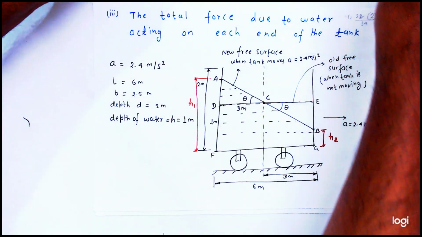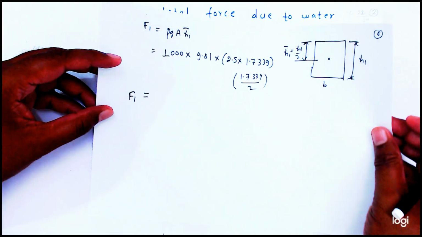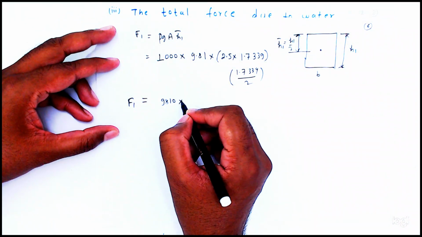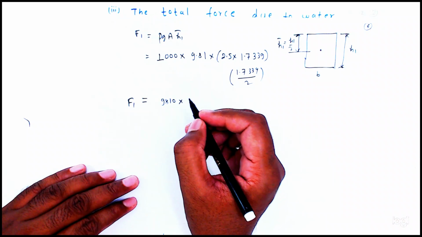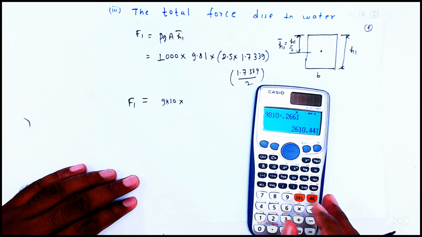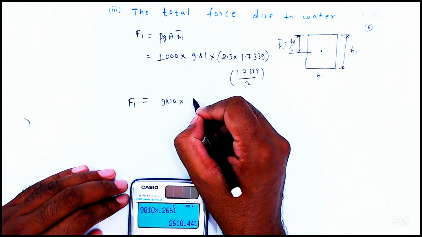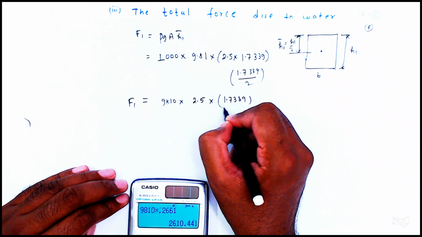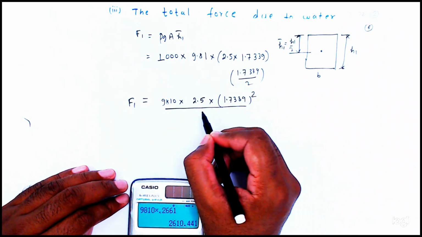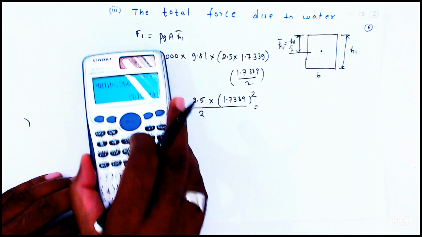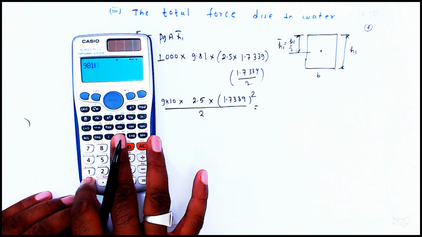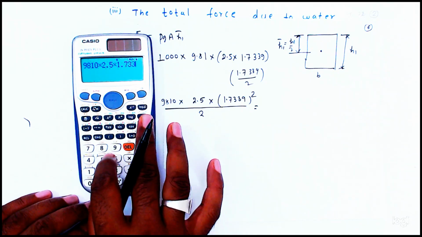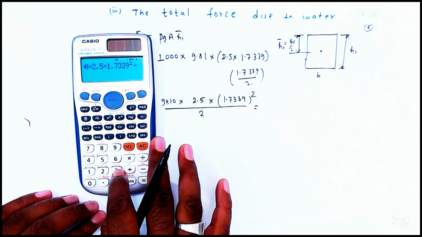Okay, friends. So from here we are able to calculate the force. So this is 9810 into 2.5 into 1.7339 whole square divided by 2. From here we are able to find, friends, it's 9810 into 2.5 into 1.7339 whole square divided by 2.